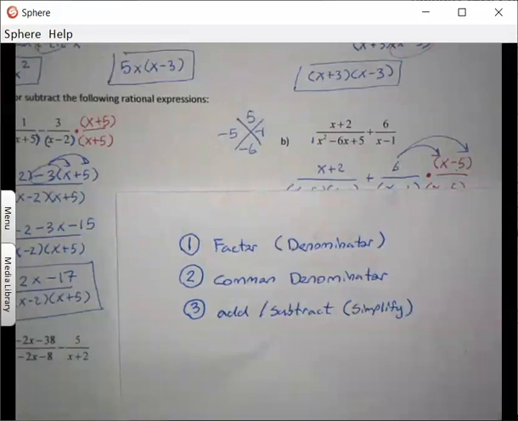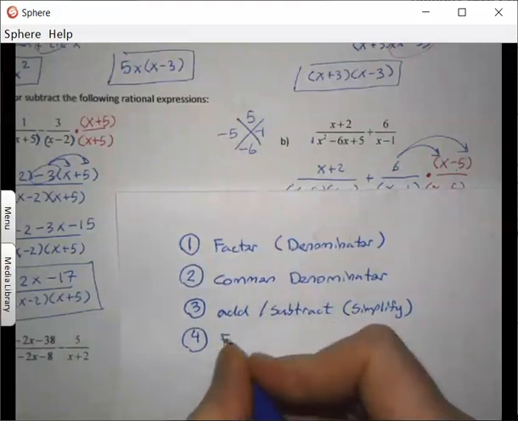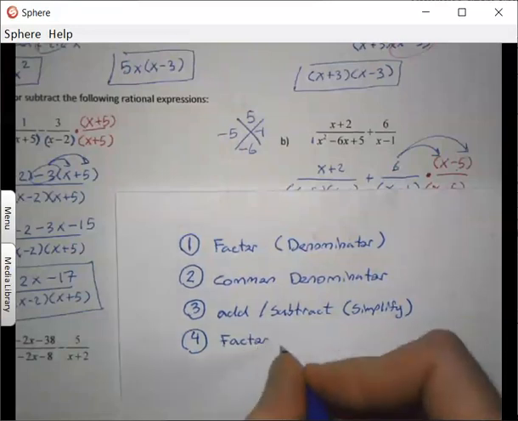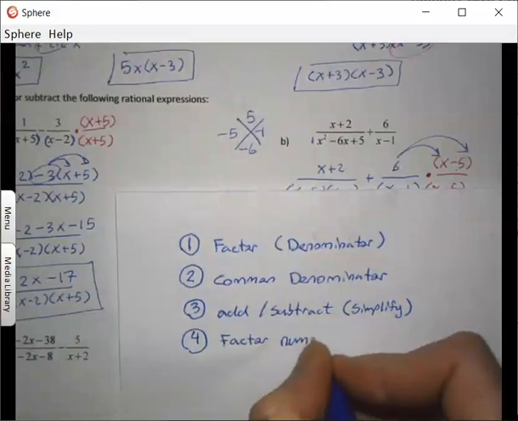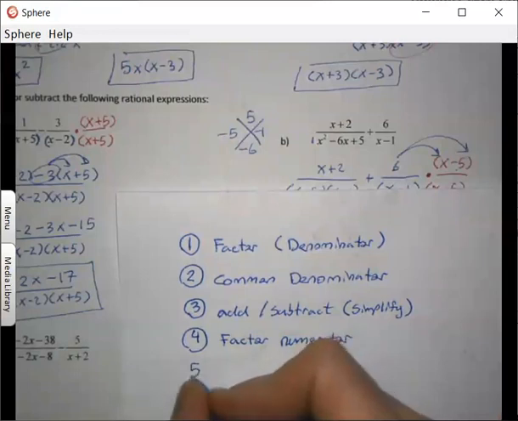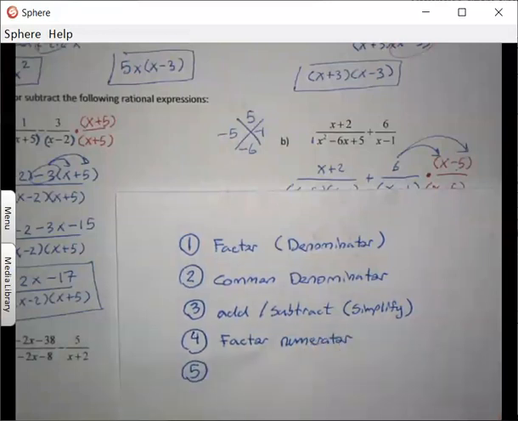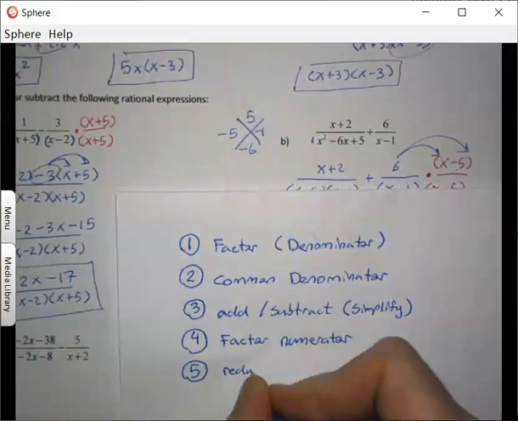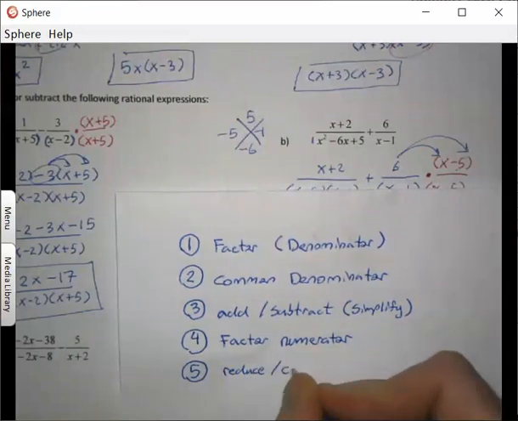So after you've added, subtracted, distributed, combined like terms, simplified the numerator as much as possible, you want to check to see if you can factor the numerator. Because sometimes after you have factored the numerator, there will be a step 5 where you can reduce or cancel a factor.